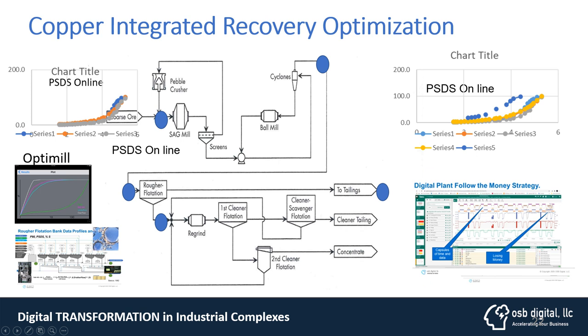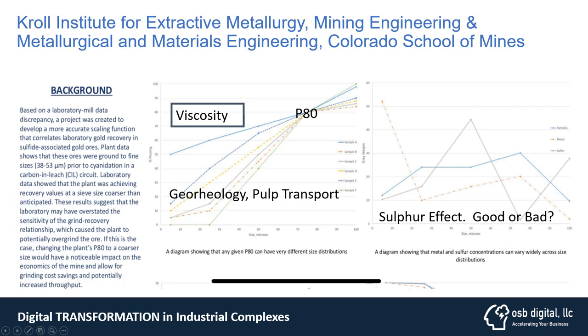We also calculate the recovery using cross-zero detection, so you can predict the recovery for different types of ore, for different size distributions, and the effects of the flotation in the system. This just shows some results that make it evident that it's not the P80 that we want to control, which is really the size distribution, as we mentioned in the original slide.